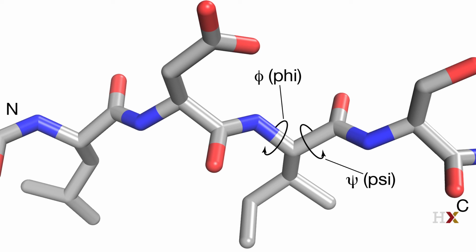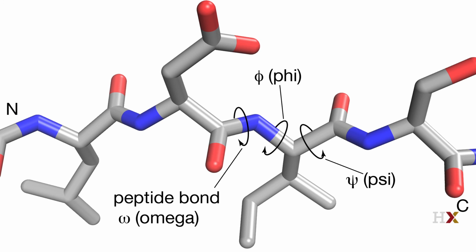An easy way to remember the order is that it goes alphabetically. In proteins, N always comes before C, and phi comes before psi. Peptide bonds are also named. They're named omega. Omega is either 0 or 180 degrees for cis or trans bonds, respectively.